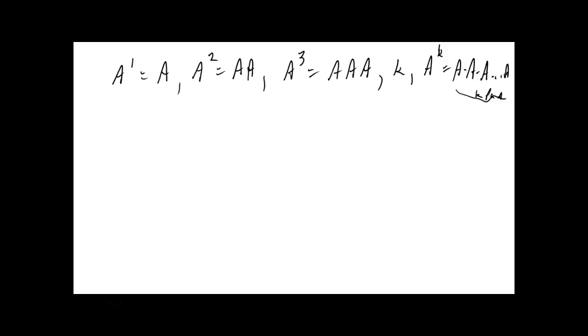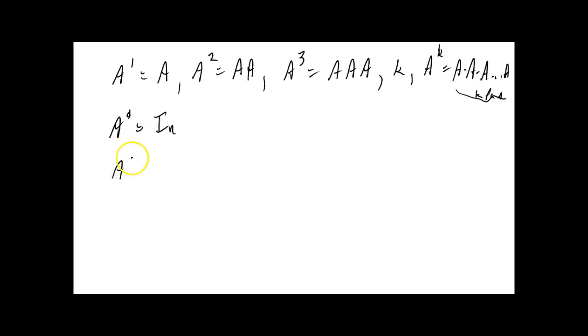Now, it's convenient to also define A to the 0th. What in the world do you think that would be? Identity matrix, and of size n, whatever size A was. A is a square matrix of order n.